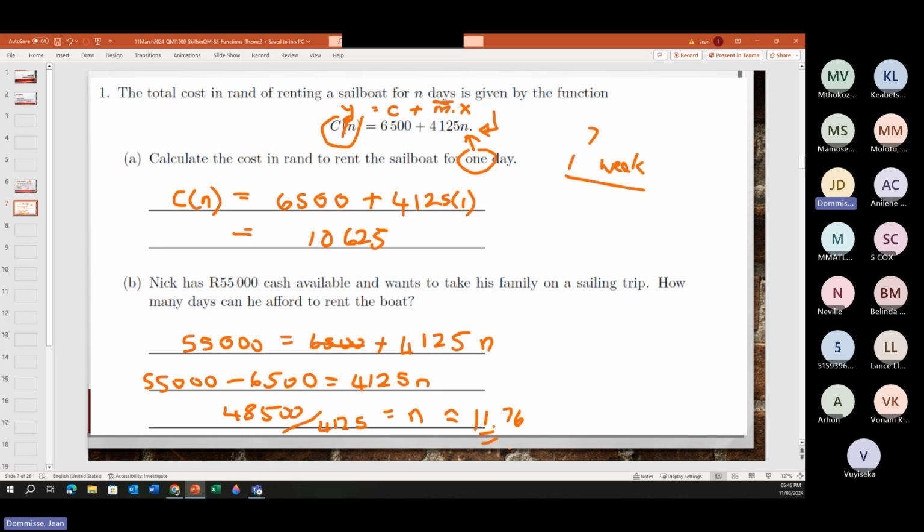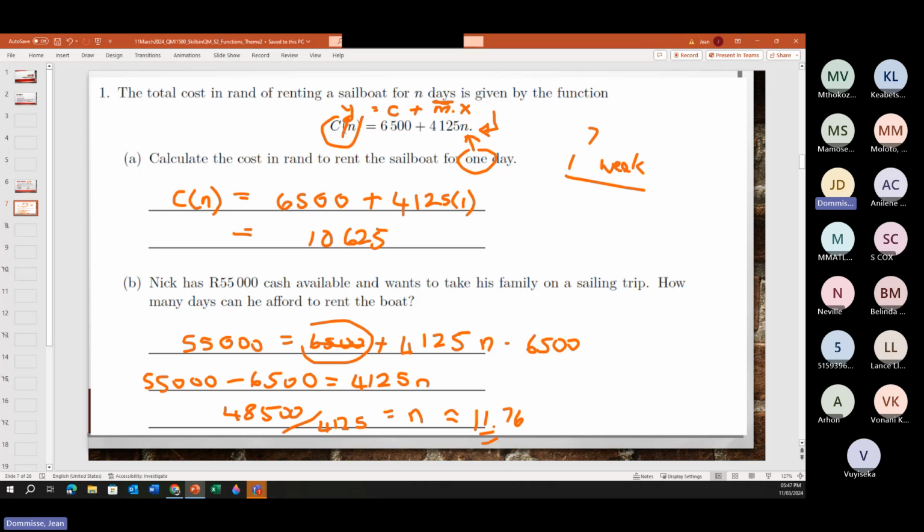So in the exam or in the assignments, they might. Okay, so let's quickly, why subtract? I want to get rid of the 6,500. To get rid of it, I must subtract it on both sides.